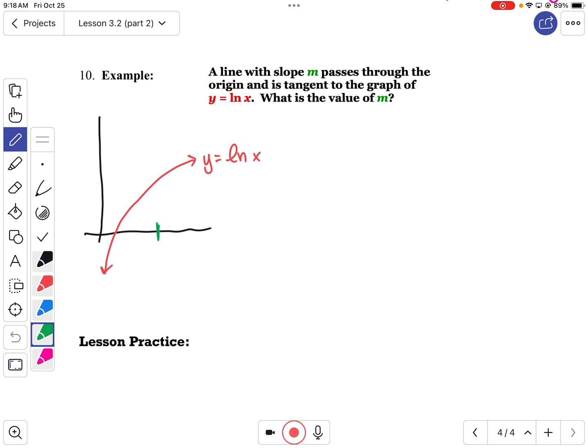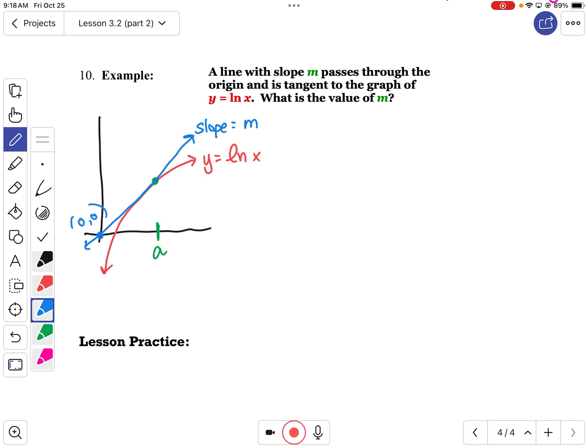I don't know that point, so I'm going to call it A, where the tangent line is going to pass through the origin and has a slope equal to m. Make sense?